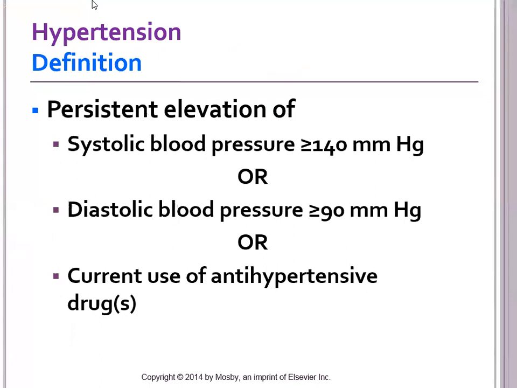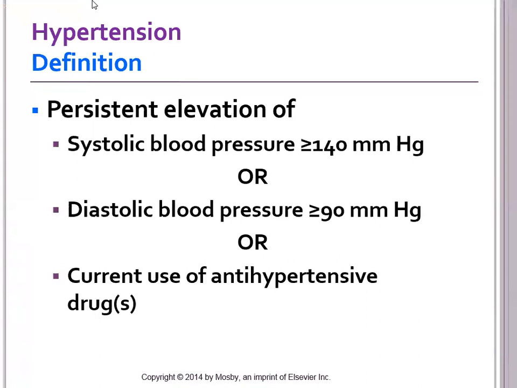Hypertension. What is hypertension? You guys know what hypertension is. There's numbers in your book. Hypertension is defined as a systolic over 140, diastolic over 90. Pre-hypertension would be systolic 120 to 139, 80 to 89. I believe there's a table in your book. What page is that on? 684. Thank you. 684 tells you all those numbers right there.